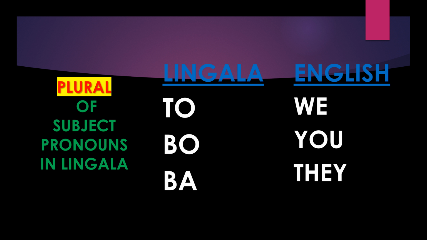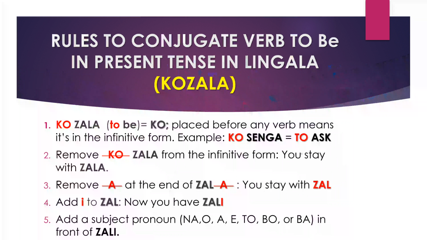So now let's practice. To practice in this video, we're using the verb to be, which is kozala in English. But you must learn the rules to conjugate the verb to be in present tense in Lingala.